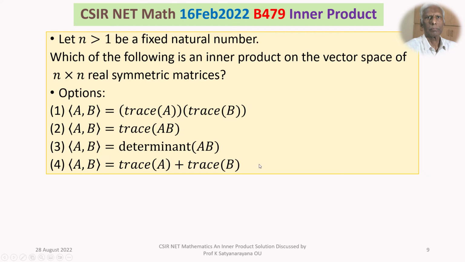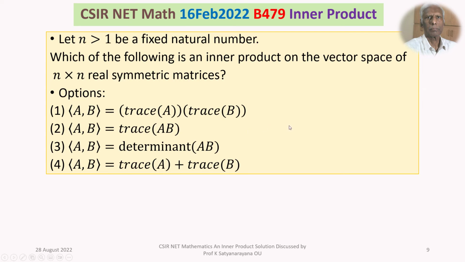In a previous video I have shown that option 2 is the answer by an elimination method, that is, by giving counterexamples. Options 1, 3 and 4 cannot be inner products. Thus I concluded that option 2, that is bracket of A comma B equal to trace of AB, is the answer for this question.